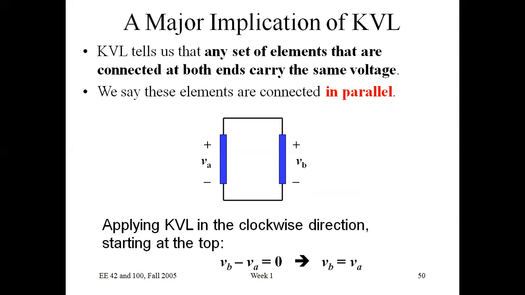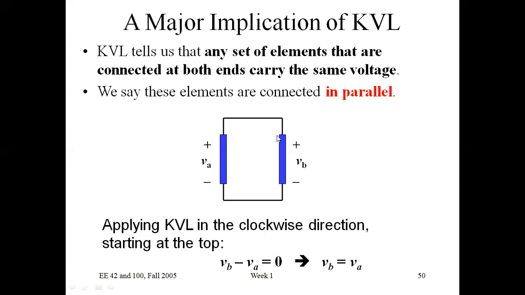So apply KVL in the clockwise direction. Clockwise direction means we have to move like this, traversing the loop. Applying KVL in the clockwise direction starting at the top, it is plus VA minus VB.